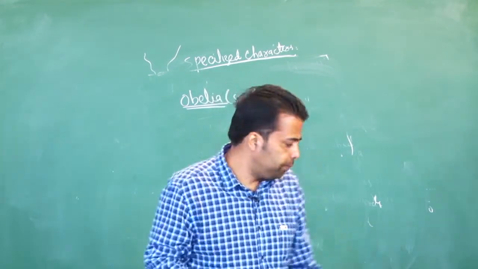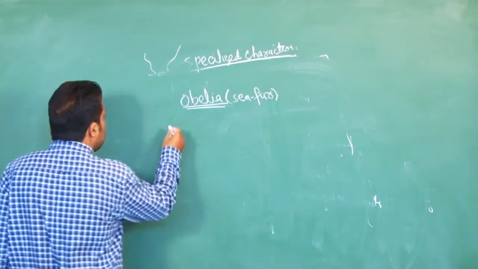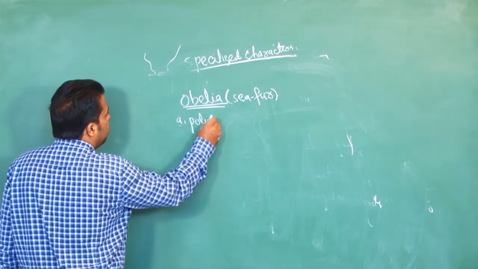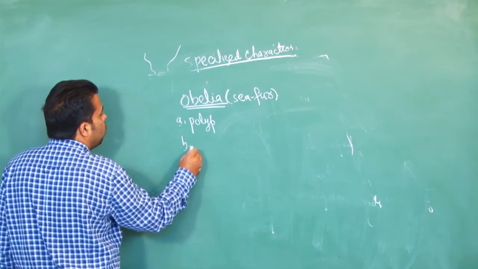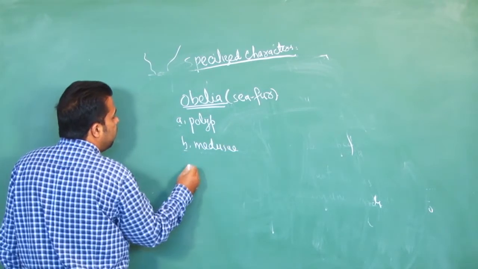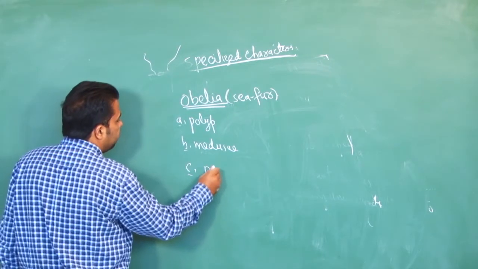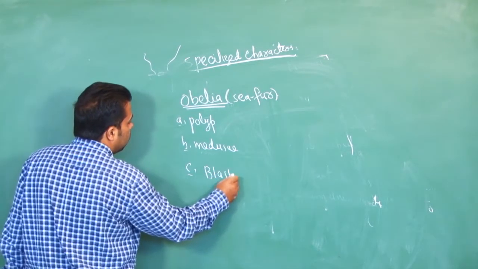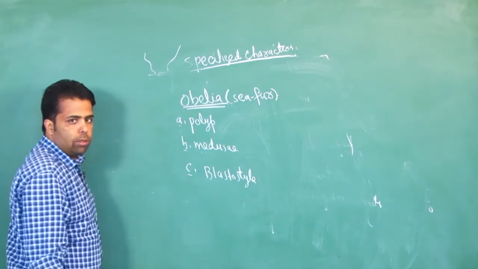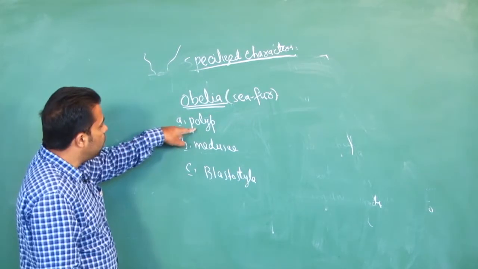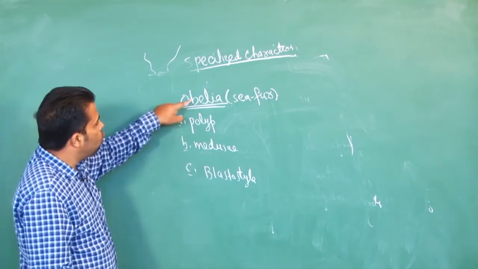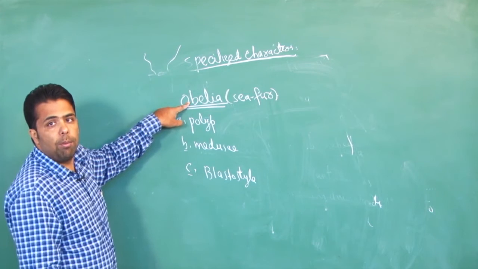We'll discuss them. First is polyp, medusa, and third is blastostyle. So there are three zooids, three individuals: polyp, medusa and blastostyle. So obelia is trimorphic.